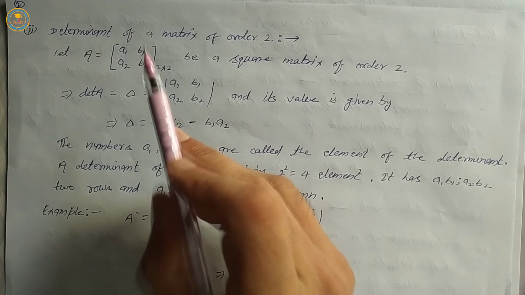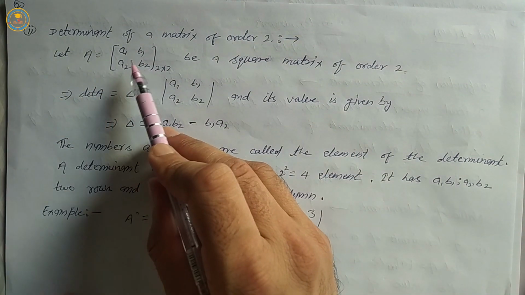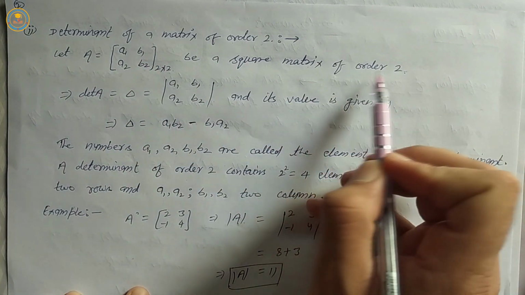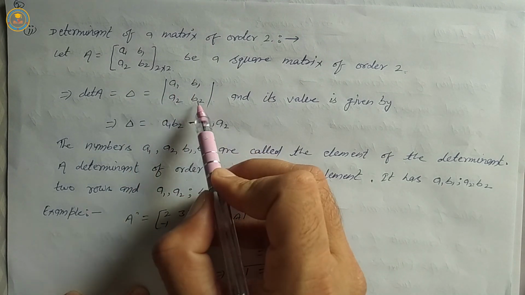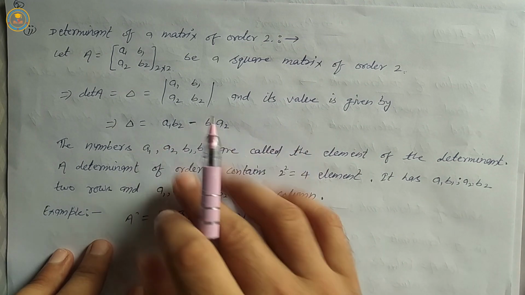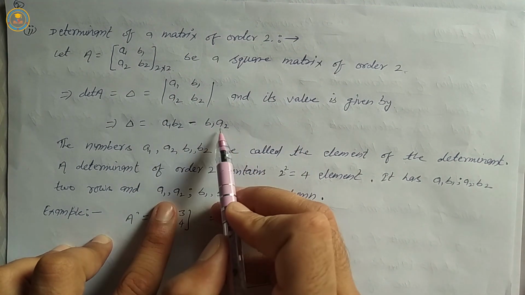Again, determinants of a matrix of order 2. Let A is equal to a1, b1, a2, b2 be a square matrix of order 2. Det of A is equal to the determinant a1, b1, a2, b2, and its value is given by delta is equal to a1 b2 minus b1 a2.